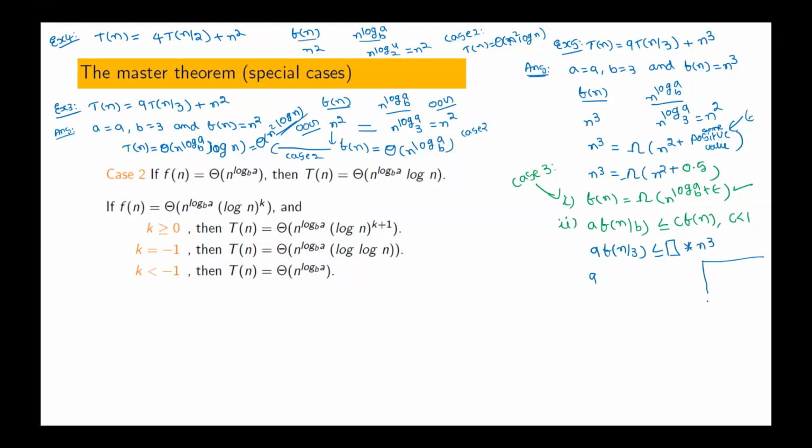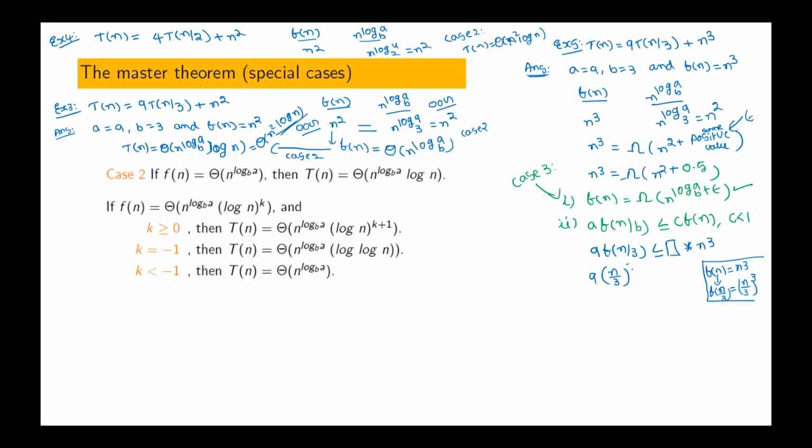We know that f of n is n cube. What is f of n by 3? Wherever n is there, put n by 3. Many examples we have done, no? It is n by 3 whole cube, simply.